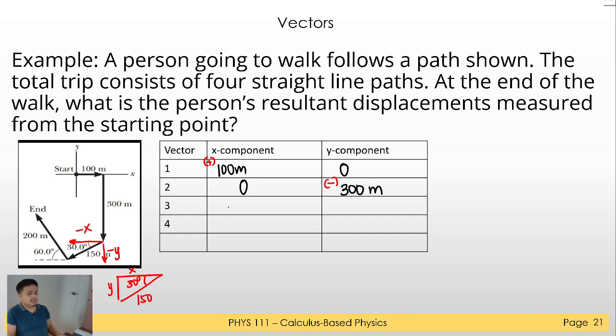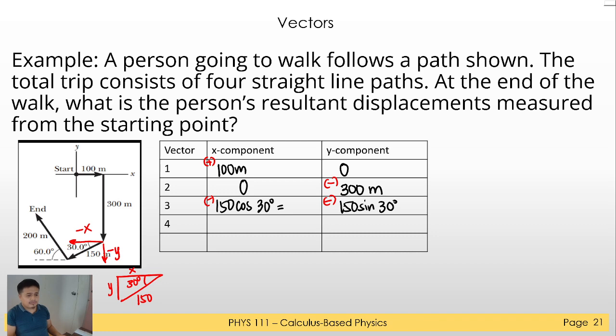For the x component, we will use cosine: cosine 30 degrees times the radius, which is 150. Take note of the sign, guys. This is negative since this is heading to the left. And then another one, which is also negative, is 150 sine 30 degrees. Sine is for the y component.